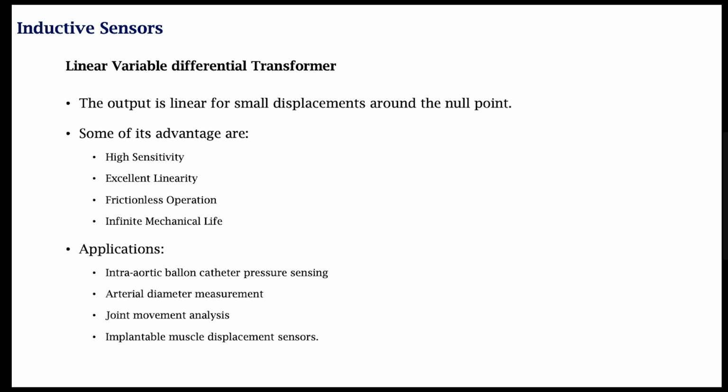The other consideration is that if it is going to be placed inside the harsh environment of the human body, for example, if you're interested in measuring the displacement or pressure inside the cardiovascular system using a catheter, then you need to consider biocompatibility.